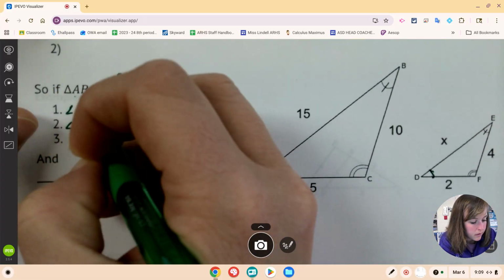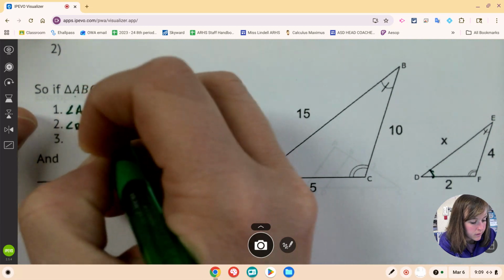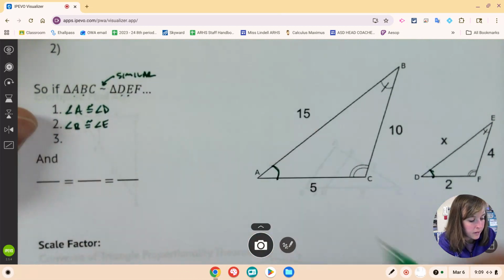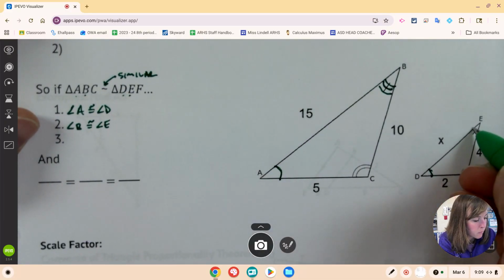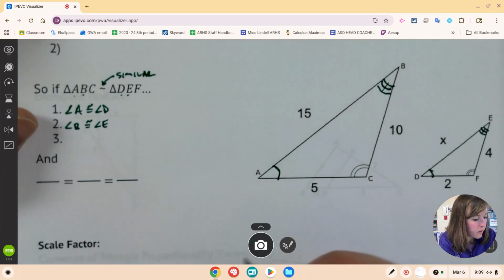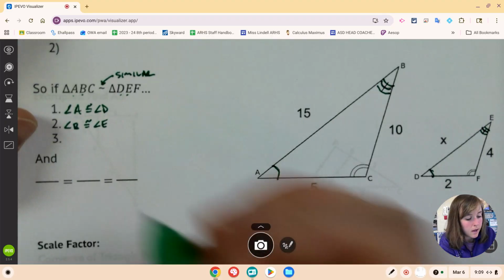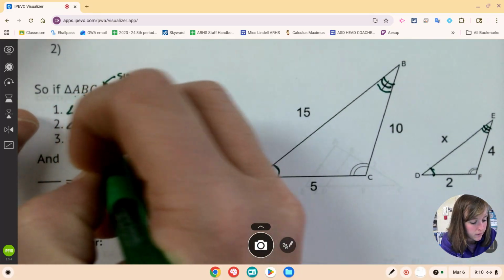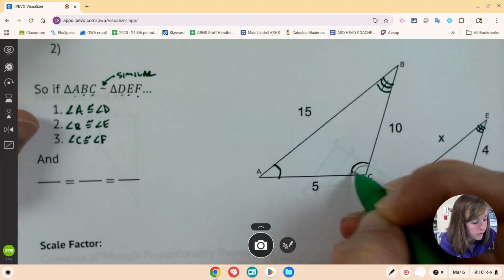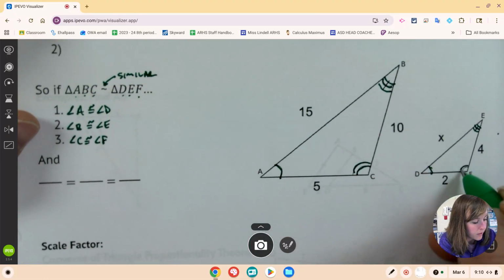Angle B is congruent to angle E because that's the second letter, and that's also already labeled for us in the picture with kind of an older symbol. We're going to change that to 3 little arcs. And then lastly, angle C is congruent to angle F. And that's also something that's labeled for us already in this picture.